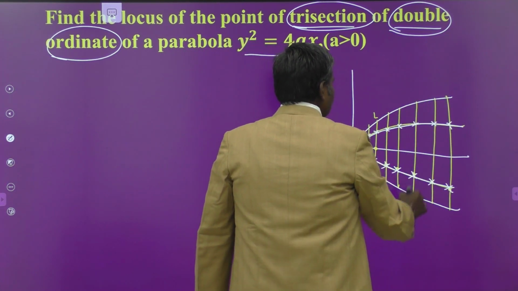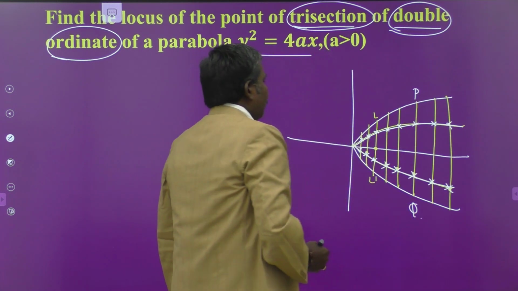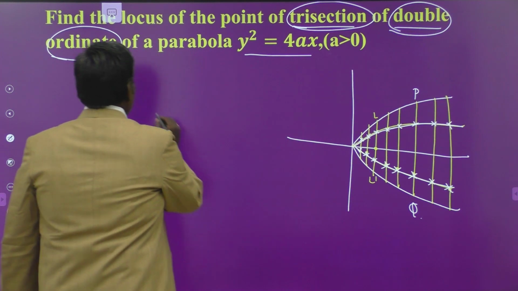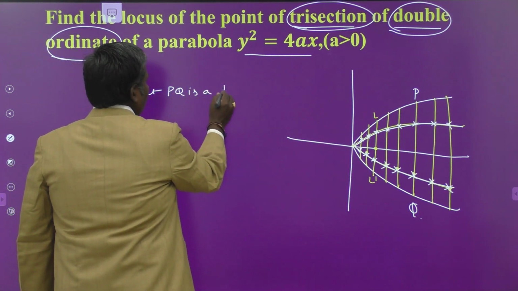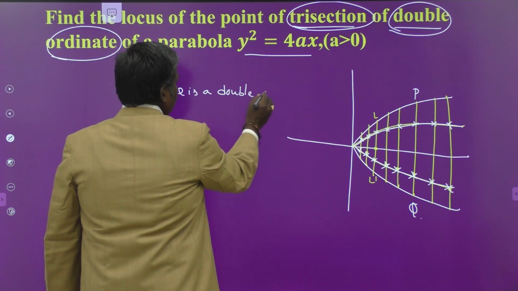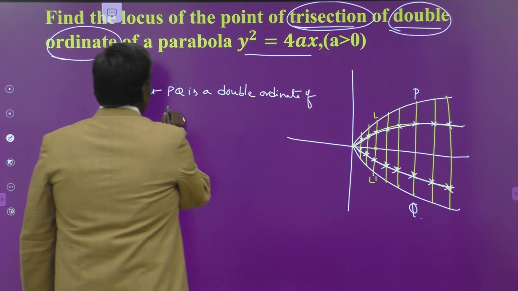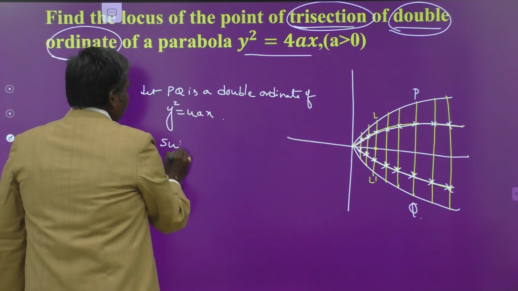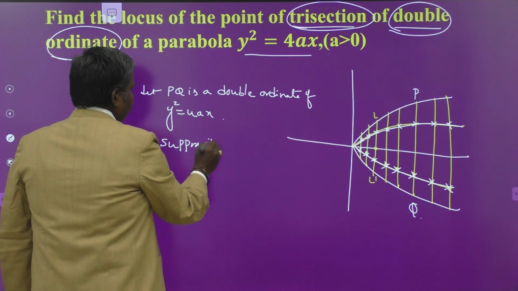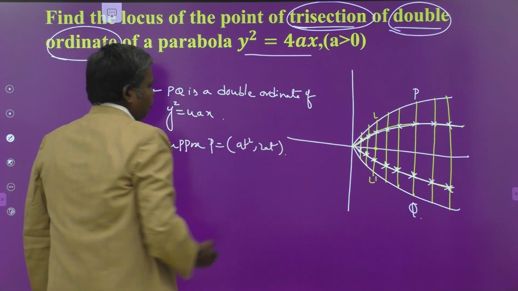Consider a double ordinate. PQ is a double ordinate of the parabola y square is equal to 4ax. Suppose P is equal to at square comma 2at.